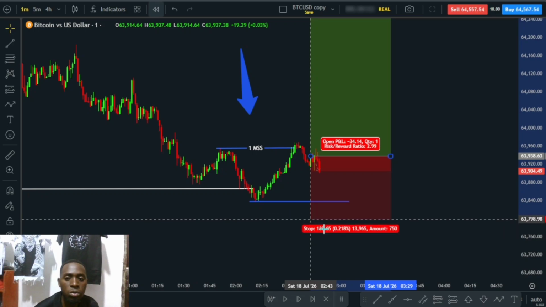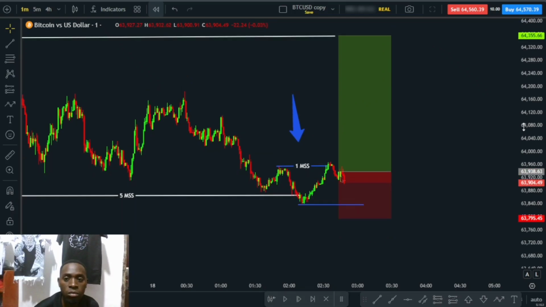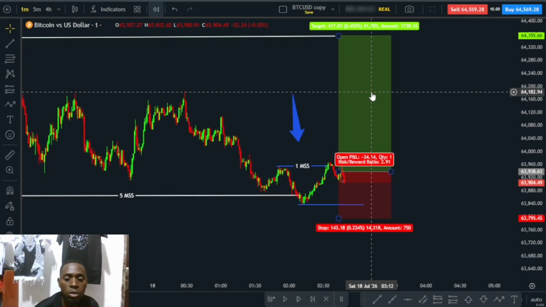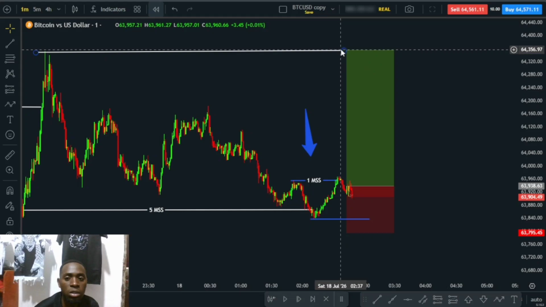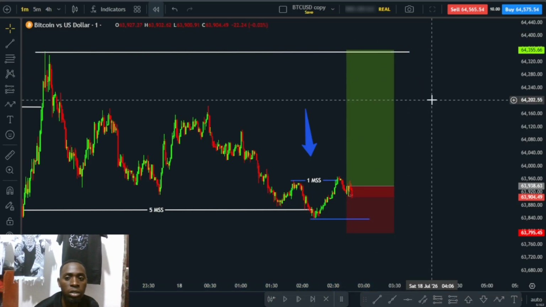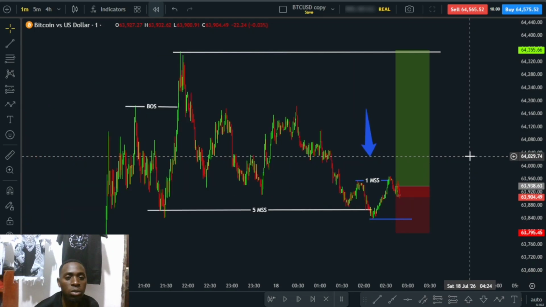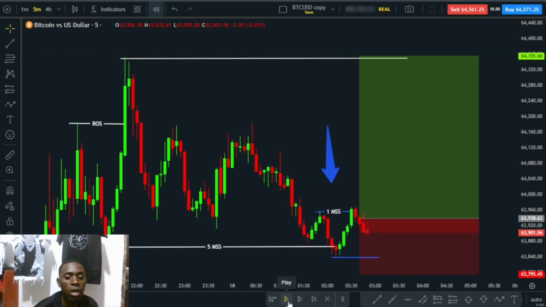Okay, market to do its thing. Okay, so this is like a 2.9, which is not bad anyways. Okay, it's a good risk to reward right there. Okay, so I go back to the 5 minute to watch the market play, see what happens.